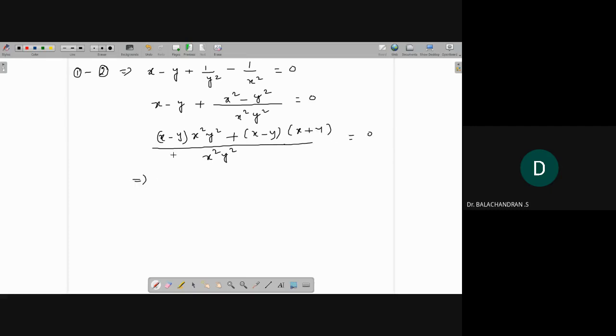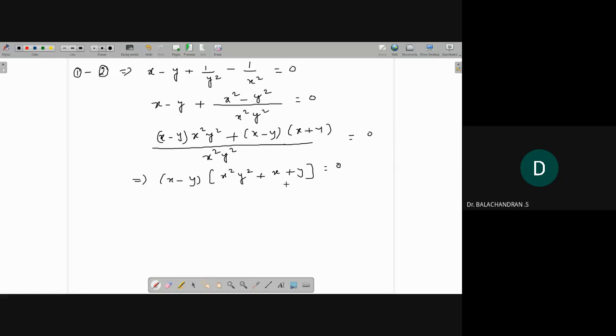So this implies the numerator is equal to 0. In the numerator you have x minus y common. Remaining you have x square y square plus x plus y equal to 0.